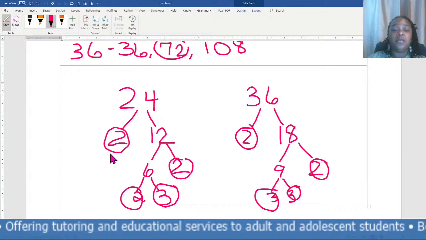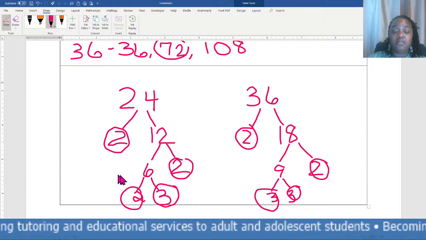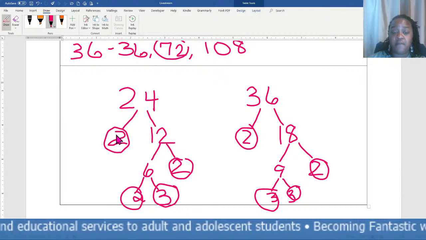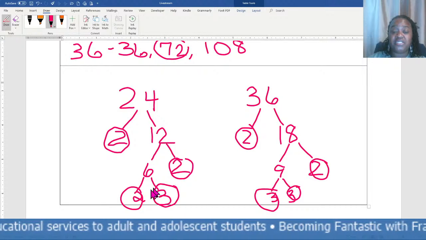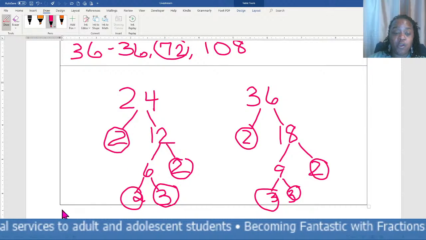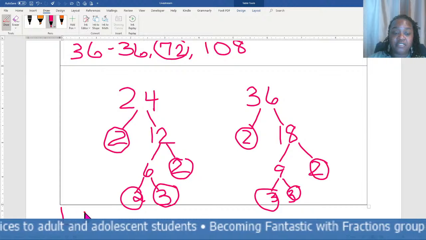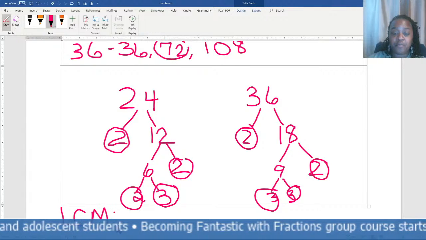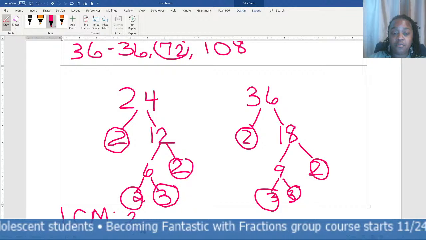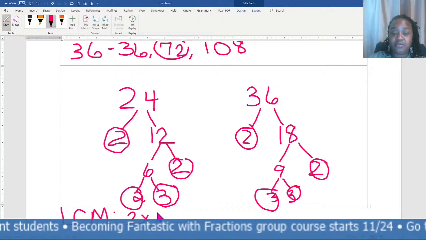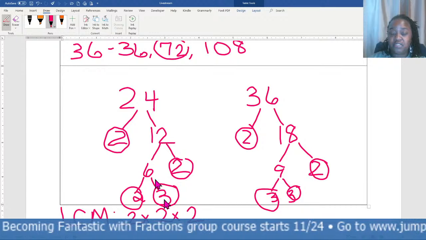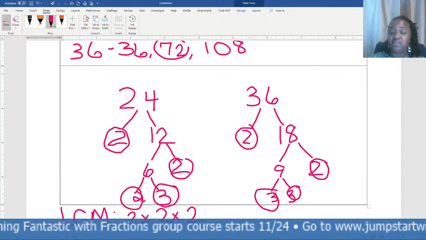So you would list it the same amount of times that it was listed the most in one number. Since it was listed 3 times in 24, we're going to list it 3 times here. So it's going to be 2 times 2 times 2.